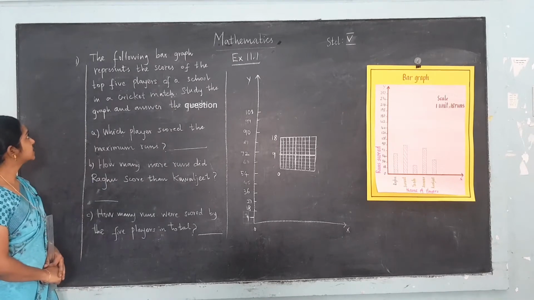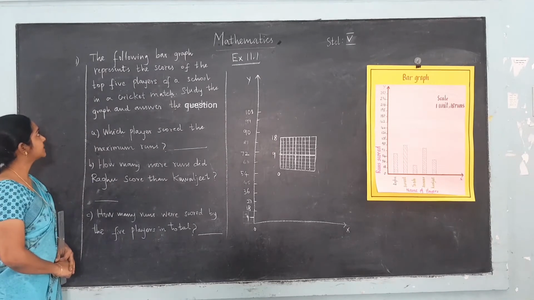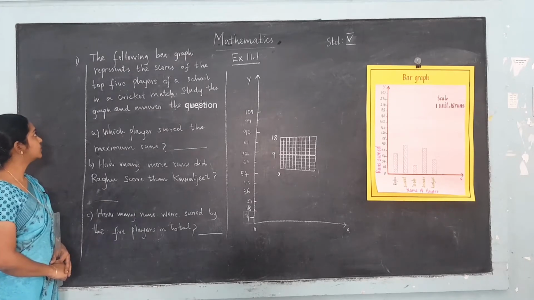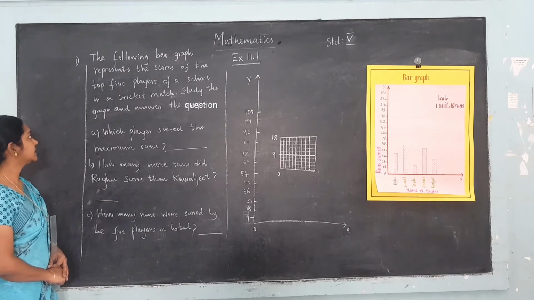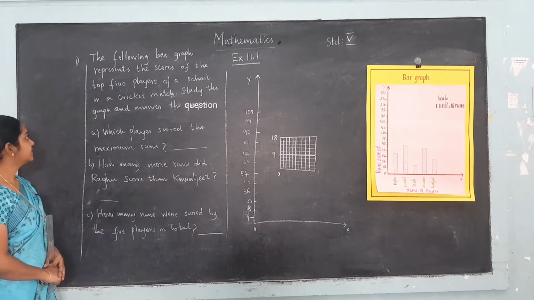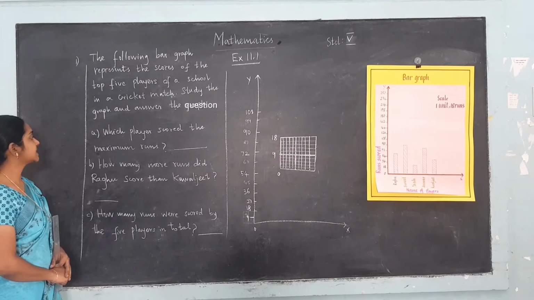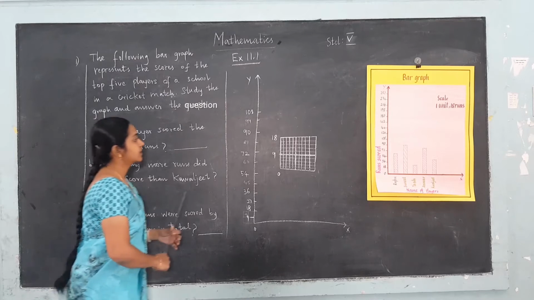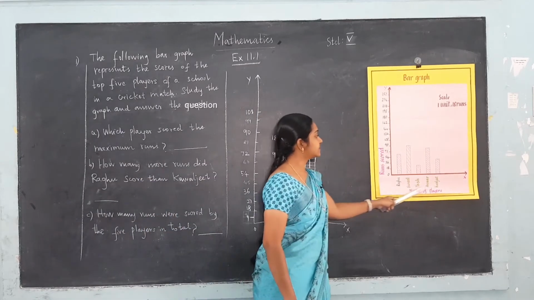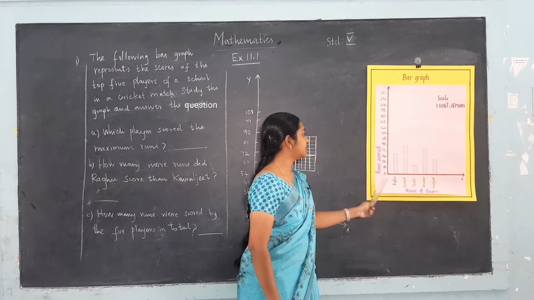The first problem is: the following bar graph represents the scores of the top 5 players of a school in a cricket match. Study the graph and answer: which player scored the maximum runs? Here the names of the players are given and the runs scored by the players are given.